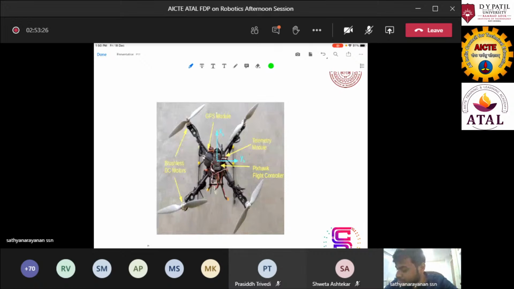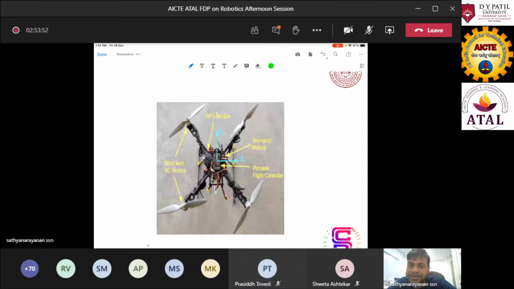Before going into the hardware, you will first have to see what kind of application you are going to work on. Based on the application, if you want race drones, the frame sizes are between 150 mm and 250 mm, but it is very difficult for people who are starting to learn quad rotors.